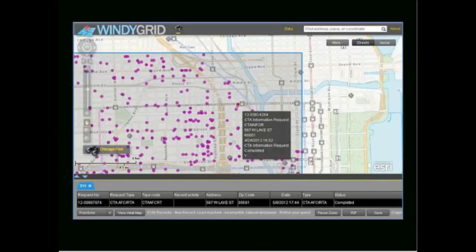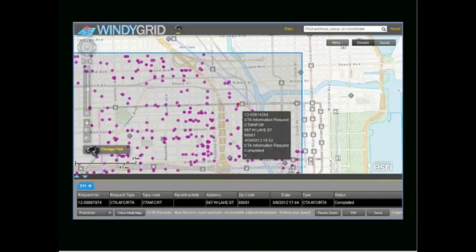That takes us from managing a medium data issue, a couple million rows of data, which is what WindyGrid helps us manage, to really tackling the big data problem of analytics, which has really not been answered by anyone. We'll be using the money that we won in the Mayor's Challenge to build a predictive analytics platform that answers the big data challenge, and I'll talk about that in a little more detail in just a second.